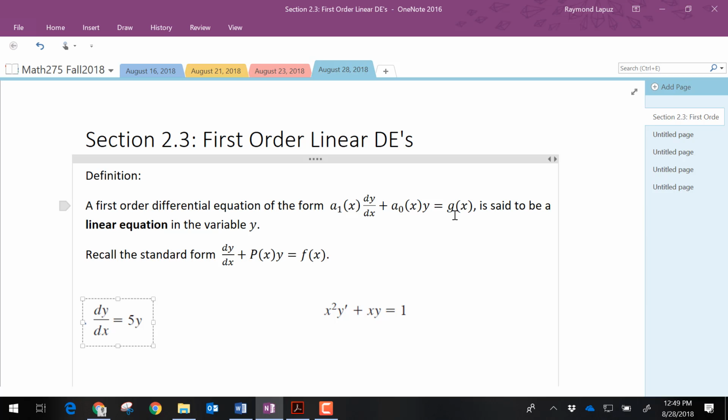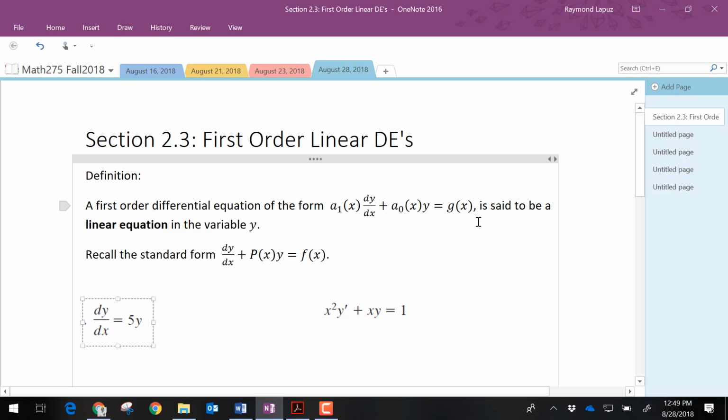And then this form will help us solve for this differential equation using a particular process called, what's it called? Integrating factor.